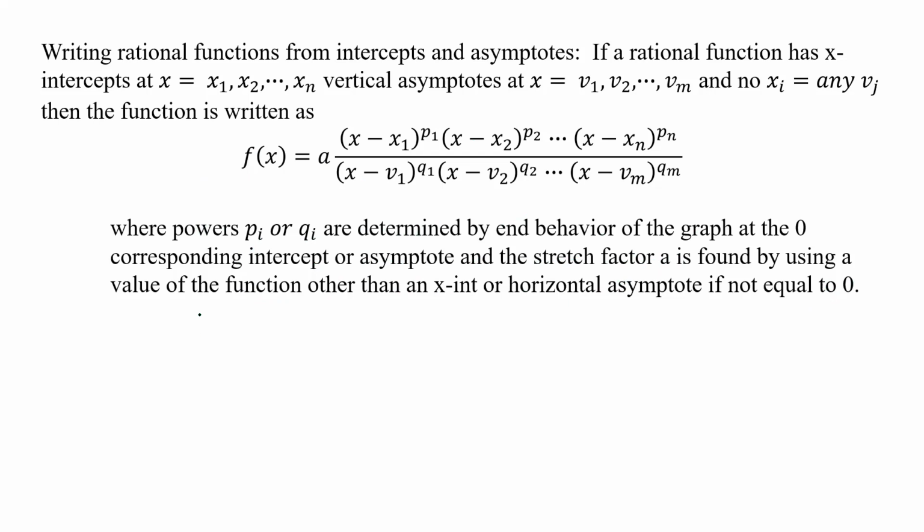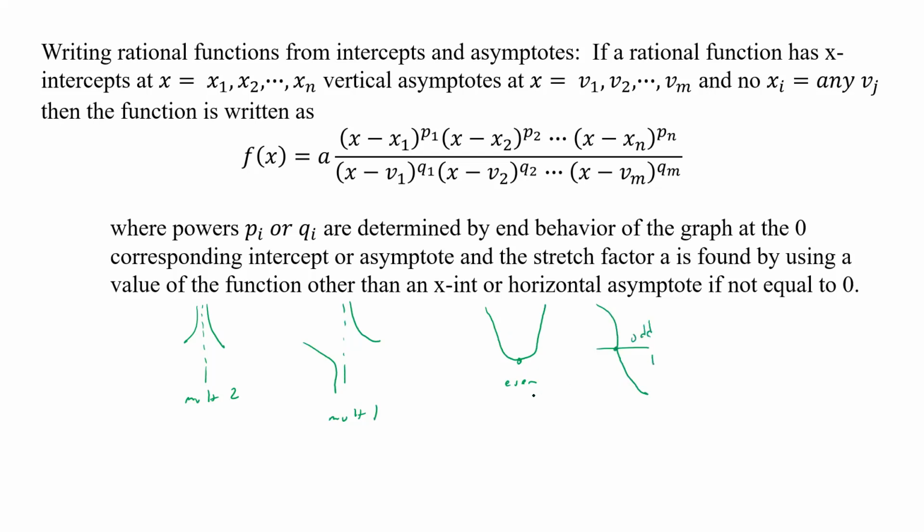So remember, if we have our intercepts, something like that, our asymptotes, that's going to be a multiplicity of 2. Whereas if we have something that kind of comes down like that and like that, that's going to give us a multiplicity of 1. If it comes down and it touches the graph, that's going to be even multiplicity. And if it kind of comes down and goes through the graph, then it's going to be odd.